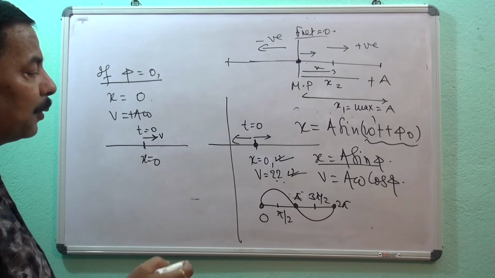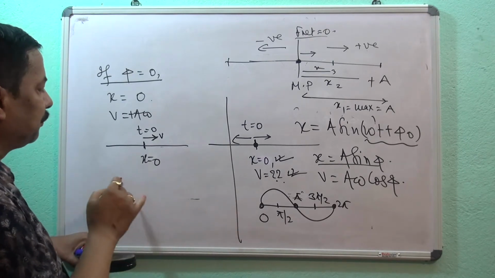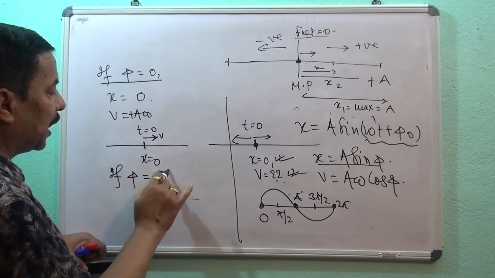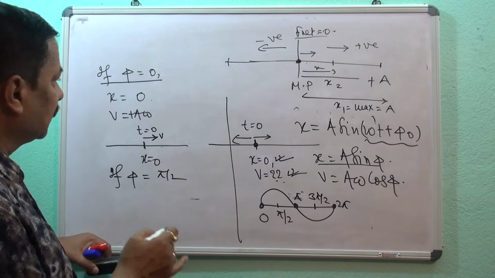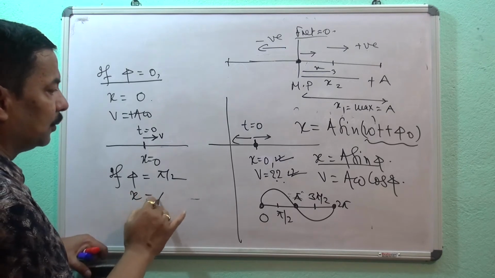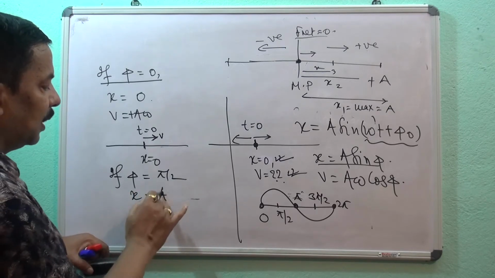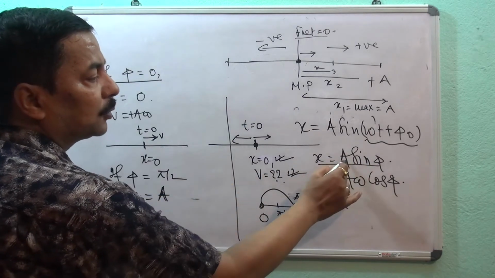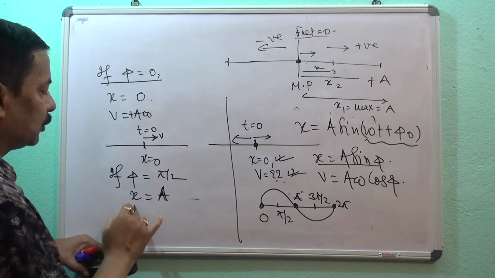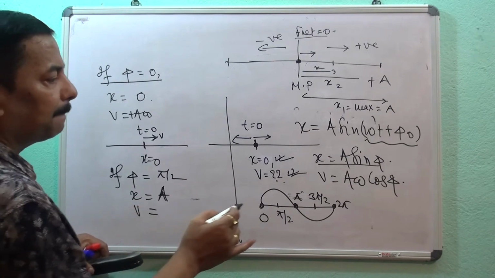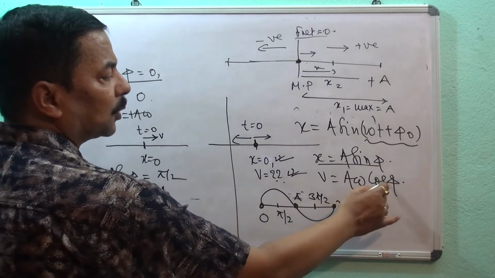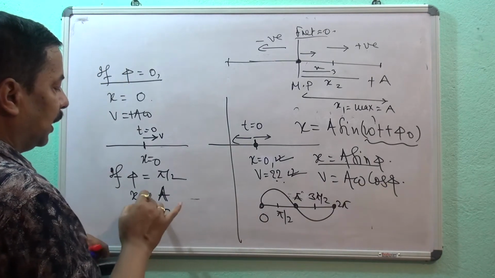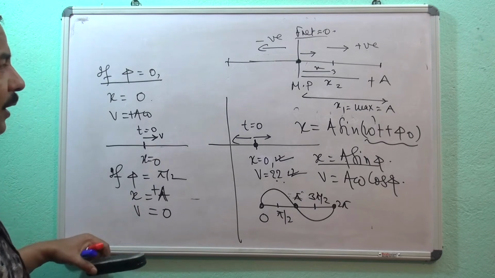Now suppose phi is equal to pi by 2. Then x is equal to a sin phi, sin pi by 2 is 1, so x is a, and v is equal to a omega cos pi by 2. Cos pi by 2 is 0, so v is equal to 0. Here a is positive. What does it mean?